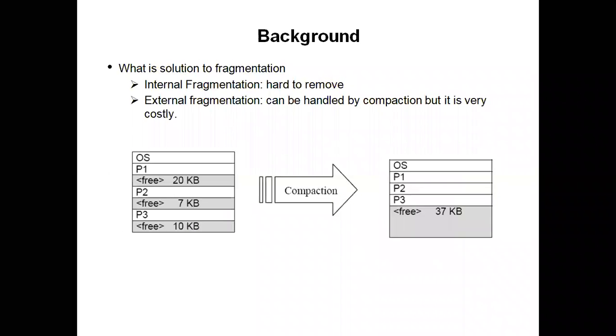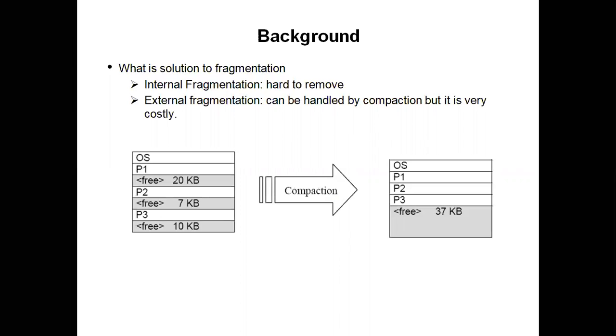So what are the solutions? In case of contiguous memory allocation, internal fragmentation is hard to remove, because the size of the blocks are fixed and the processes are fixed, and therefore if the process is of exactly that size of the block, then there will not be any internal fragmentation, otherwise there will be.